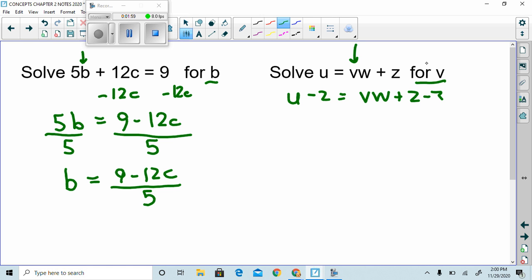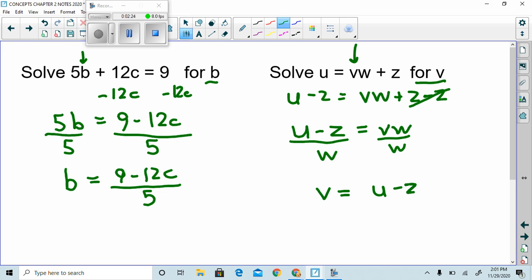These z's on the right will cancel out, and I'm left with u minus z is equal to v times w. If our goal is to get v by itself, we need to divide by w, and our final answer is v equals u minus z divided by w.